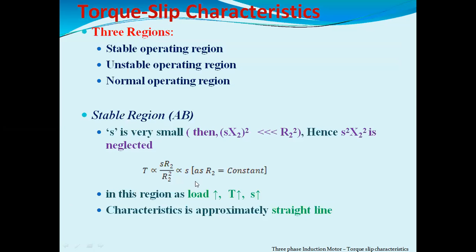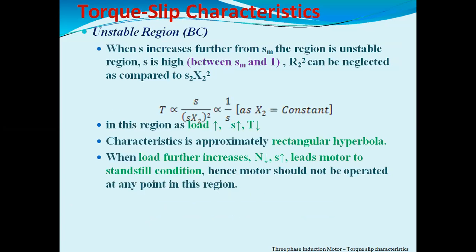So the characteristic is approximated by a straight line. When the value of slip keeps increasing up to S equal to 1, we call that region from B to C an unstable region.